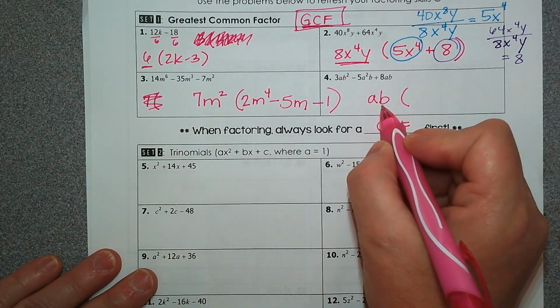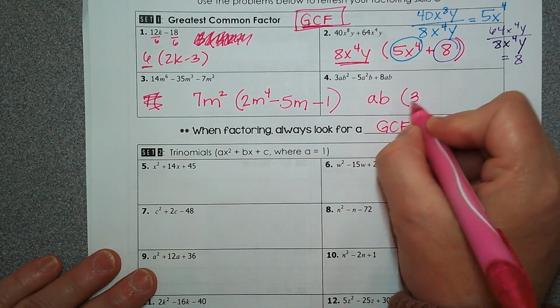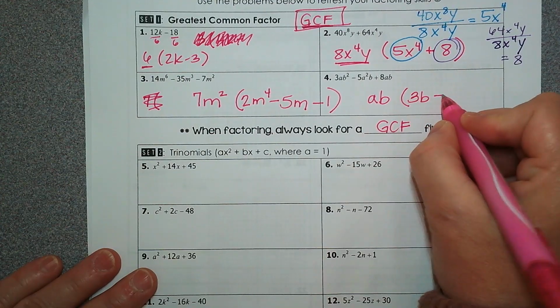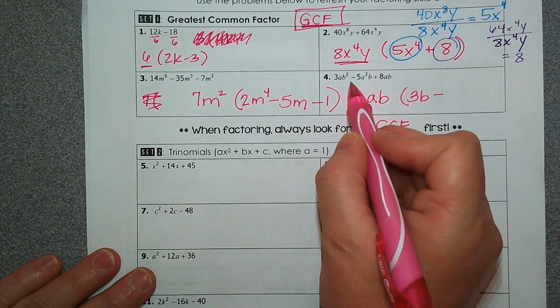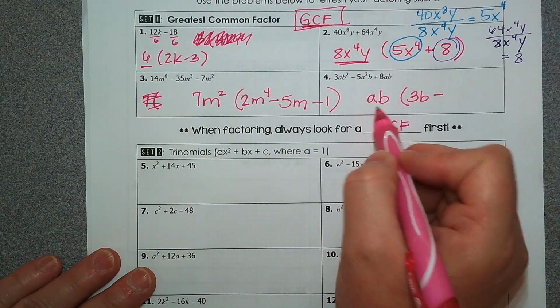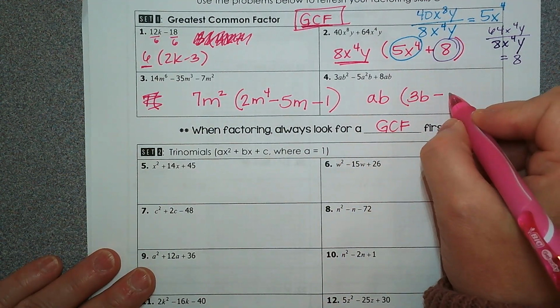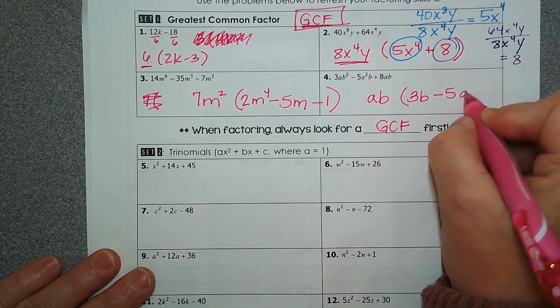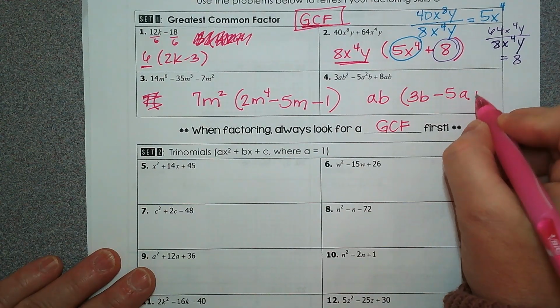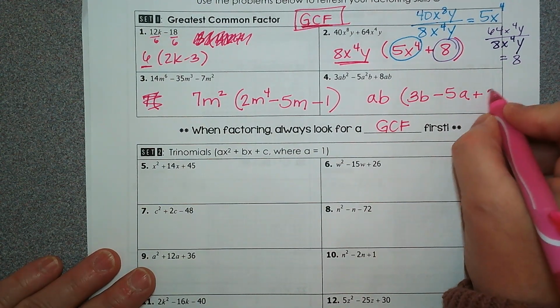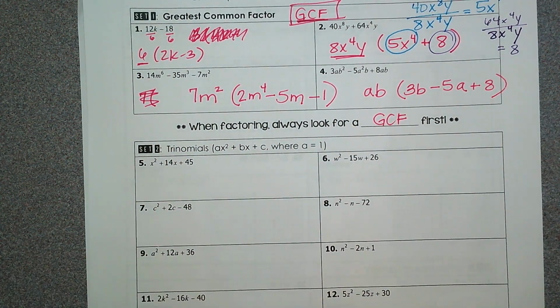3AB squared divided by AB is 3B. -5A squared B divided by AB is -5A. And then 8AB divided by AB is just 8. Write down each.